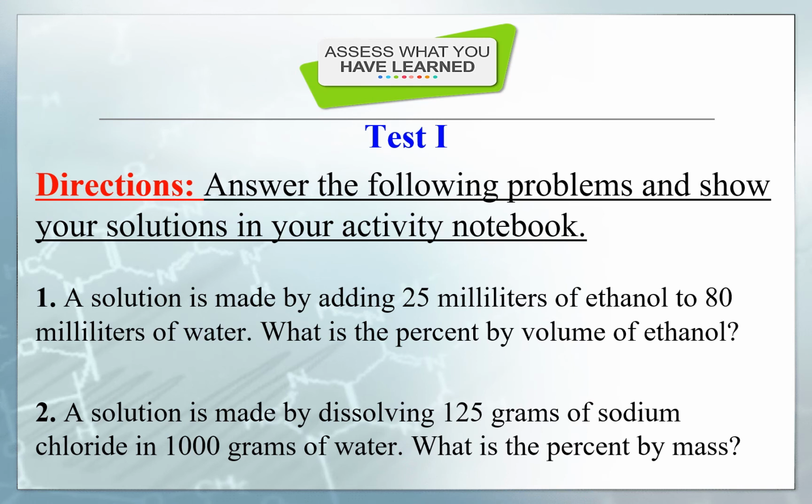Number 1. A solution is made by adding 25 milliliters of ethanol to 80 milliliters of water. What is the percent by volume of ethanol? Number 2. A solution is made by dissolving 125 grams of sodium chloride in 1000 grams of water. What is the percent by mass?